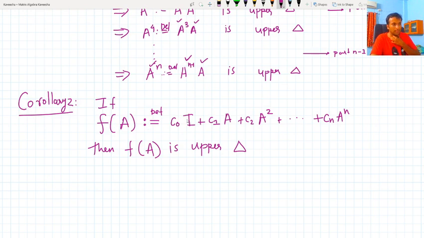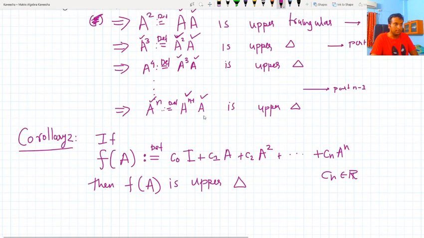So let us say that A is n cross n, and I is also an n cross n identity matrix. Let us define f of A with C_0, C_1, C_2, dot dot dot C_n as some constants, say real numbers or scalars: C_0 times I plus C_1 times A plus C_2 times A square, which we defined earlier, and so on up to C_n times A^n, and likewise we have defined every term.